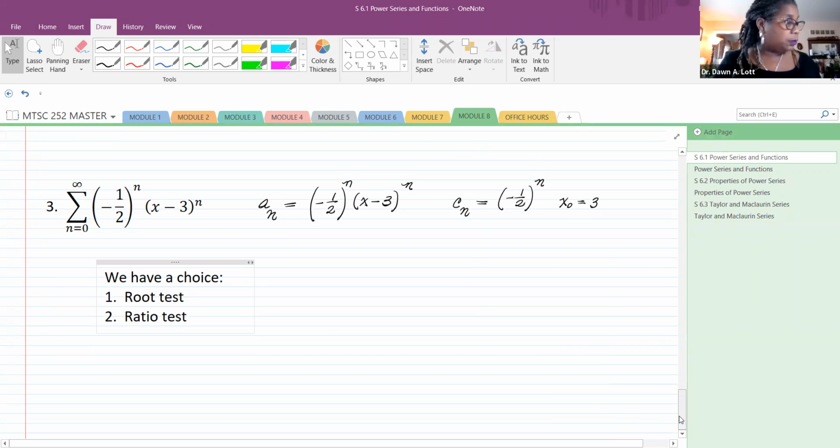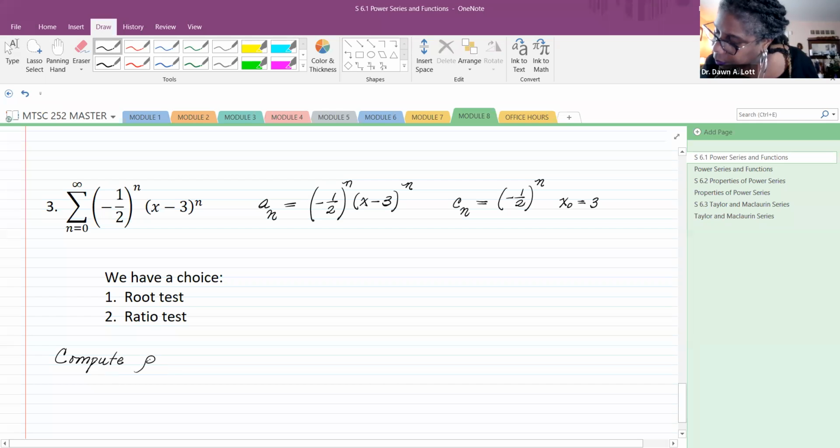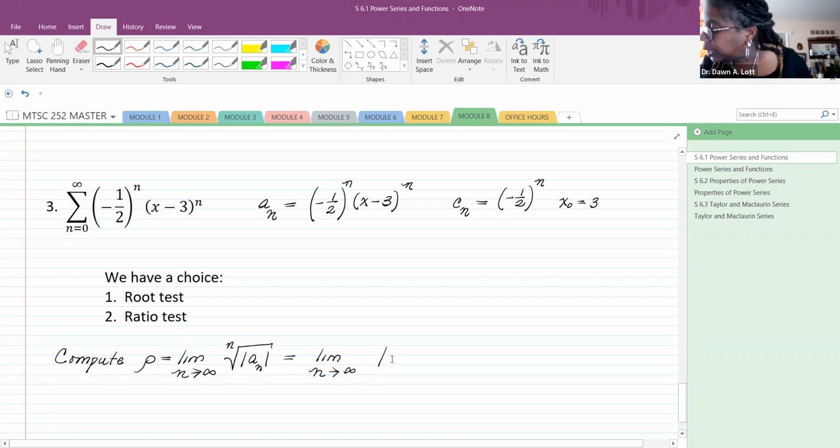Okay, so we're going to compute rho: the limit as n approaches infinity of the nth root of the absolute value of an. We can also write that as the limit as n approaches infinity of the absolute value of an raised to the 1 over n power.